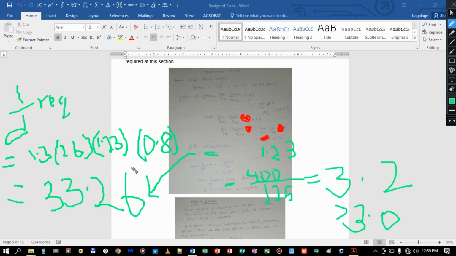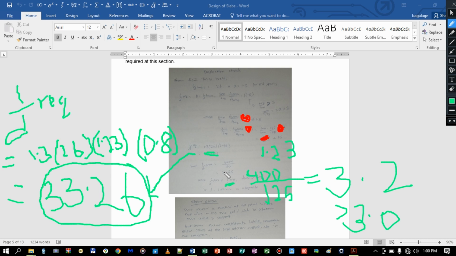After that, we are going to compare this with what we provided. What was actually provided is the actual span over the actual effective depth, which is 5,000 mm, or 5 meters, over our effective depth of 160 mm, and we end up with 31.5.